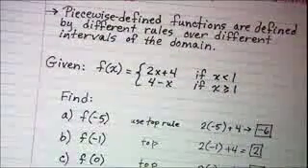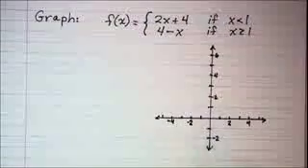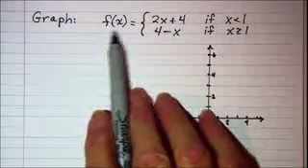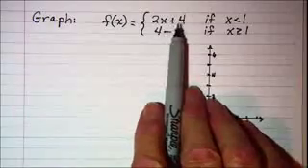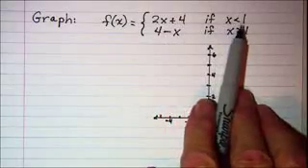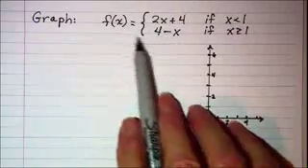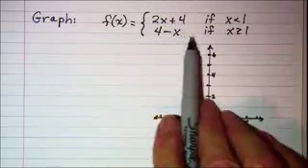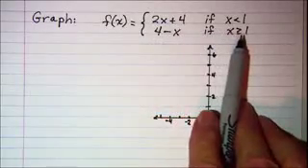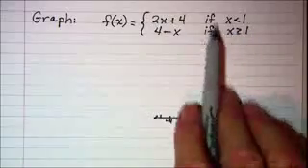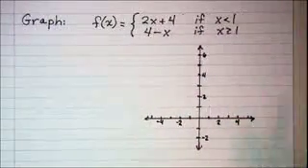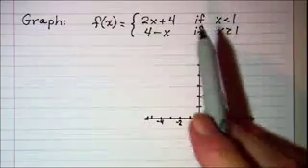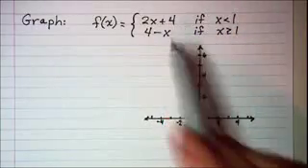Now let's look at some graphing. We're asked to graph the piecewise defined function f of x is equal to 2x plus 4 if x is less than 1, and f of x is equal to 4 minus x if x is greater than or equal to 1. So we have a boundary at x equal to 1 that causes us to change from one rule to the other.